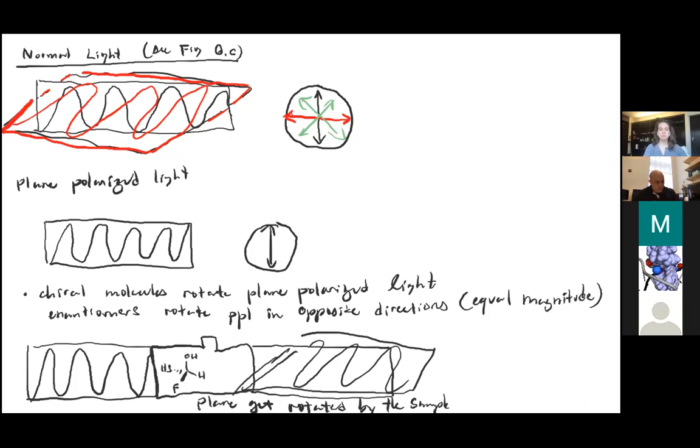Okay, so let me just add the cross sections here because this might help. If you imagine, here's the plane polarized light coming in, and then it hits the sample, and then it's going to leave with something that's different. Okay. And so there are two variables here, which are the direction of rotation and the magnitude of the rotation.